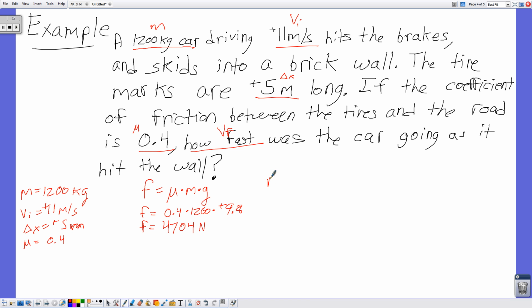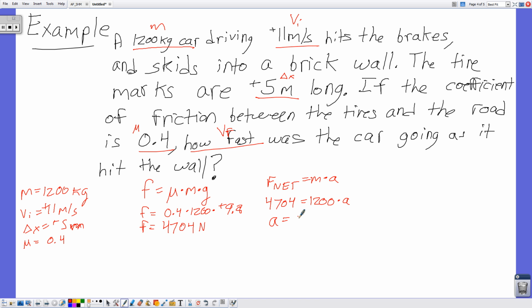Alright, I know that my net force equals mass times acceleration. I know my net force is equal to my friction force. So 4,704 equals 1200 times a. Which means the acceleration of my car as it is getting to a stop is going to be 4,704 divided by 1200. Alright, so let's do that.